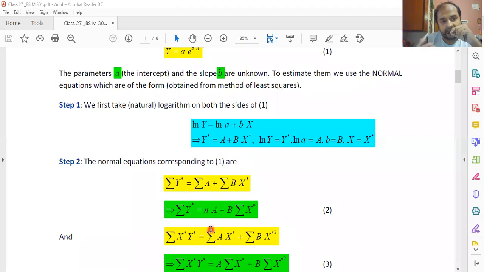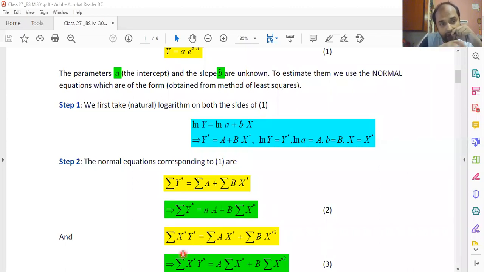If it is a matter of two variables, we multiply by the input variable. If it is a matter of three variables, we multiply first by the input variable, and then by the square of the input variable. Just like we did in the case of the second degree polynomial, where we first multiplied by capital X and then by capital X square. So here my input variable is x star, so we are going to multiply by x star.